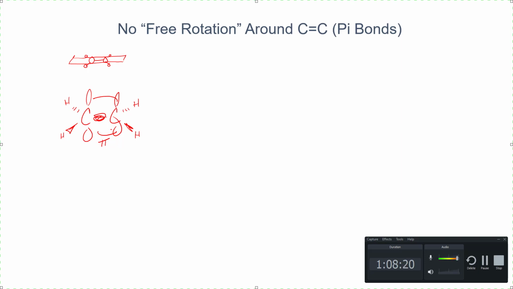In other words, at room temperature, there's not sufficient energy to rotate. Let's say I had a CH3 group, a carbon with 3 hydrogens attached here, and I had them basically one bold and one dashed.